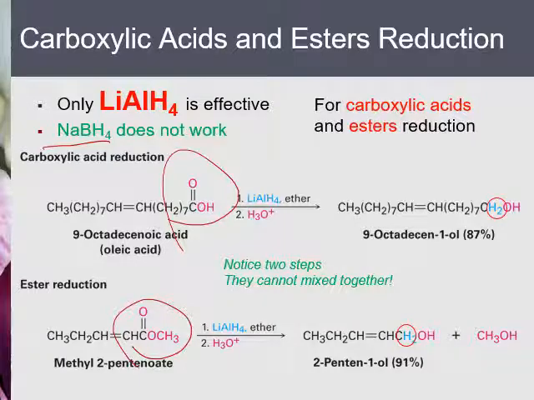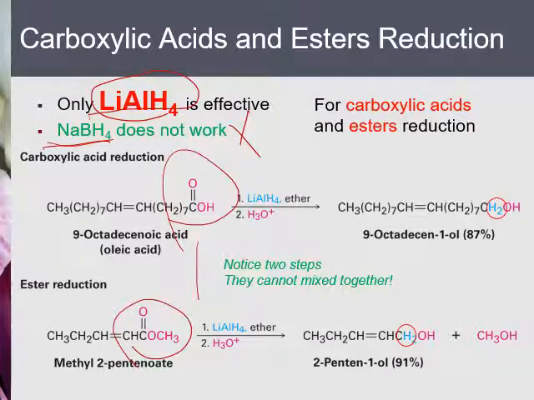Go back to the chart that shows oxidation level. You will see they have a higher oxidation level and require a stronger reducing reagent, and you need to use lithium aluminum hydride. Sodium borohydride does not work for carboxylic acids and esters.